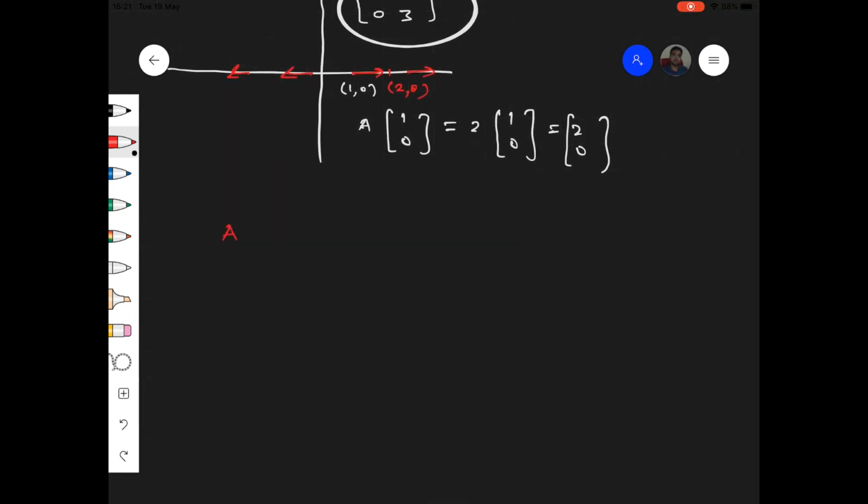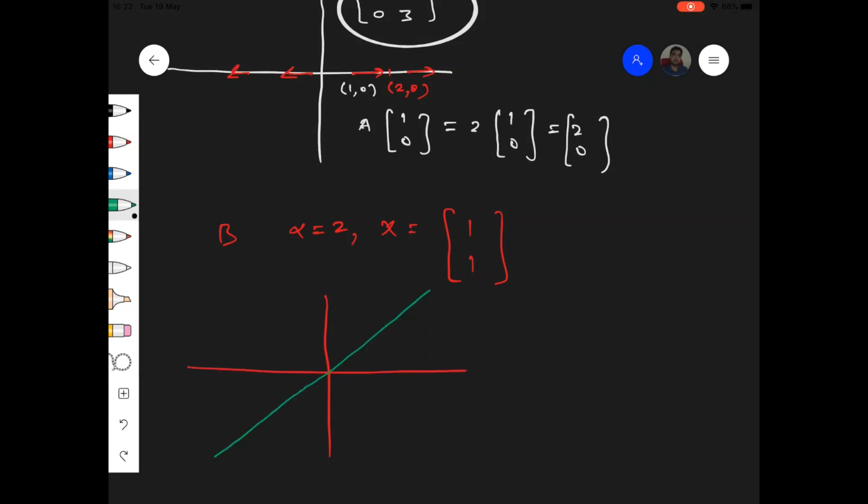Let's take another example where we have a matrix B, which is also 2 cross 2, and one of whose eigenvalues is 2 and the eigenvector is say (1, 1).